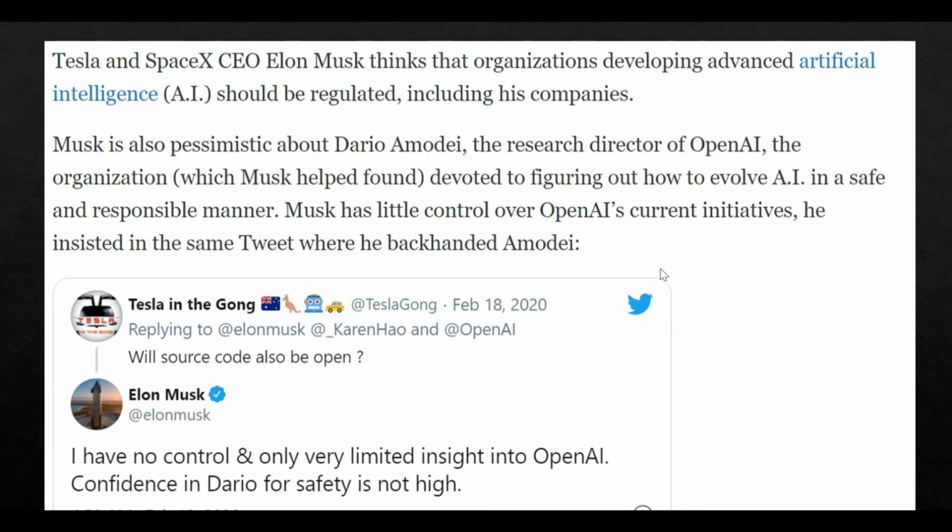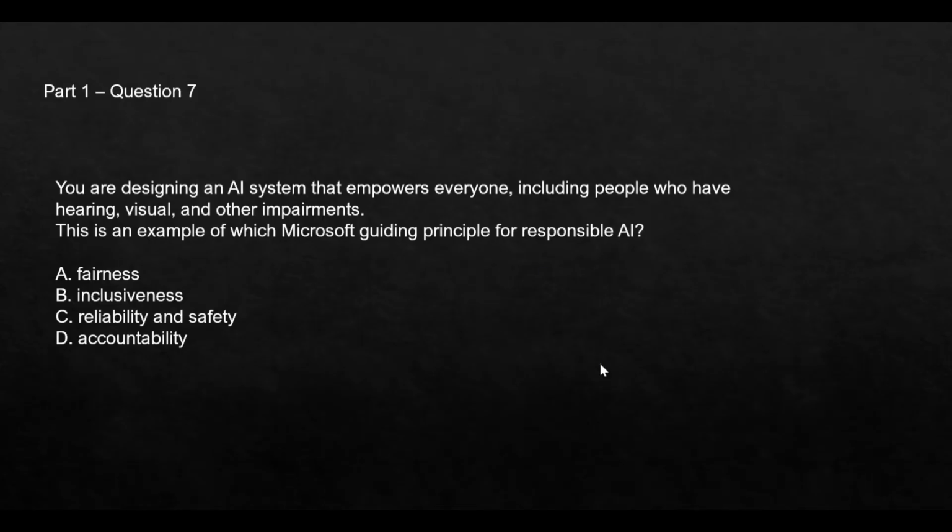So what he's saying is he's not very confident that AI can be trusted totally. That is also one of the guiding principles of responsible AI, that you have to make your AI transparent. If anybody wants to know what this AI code is doing, there should be features available to show that.